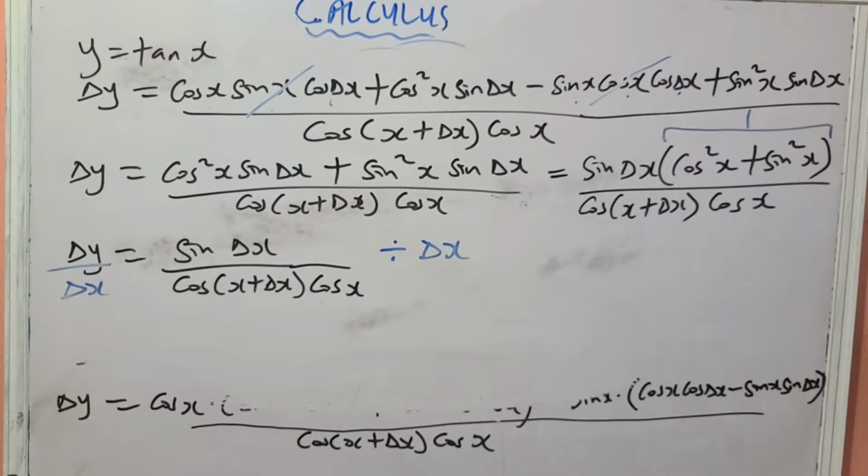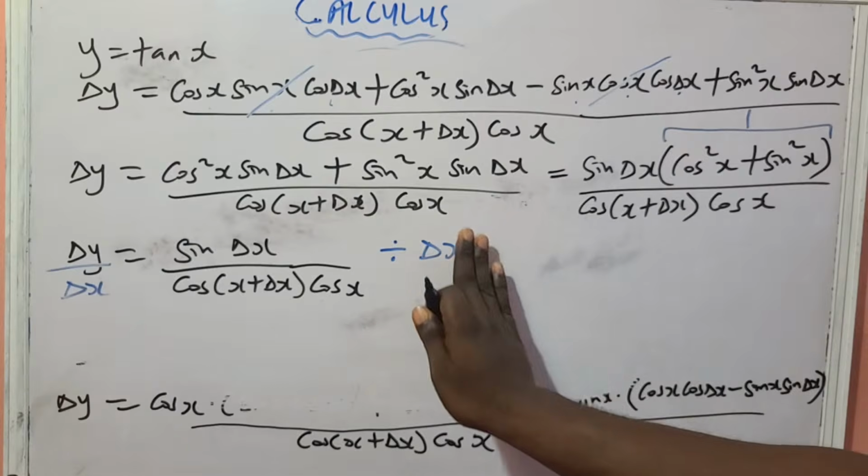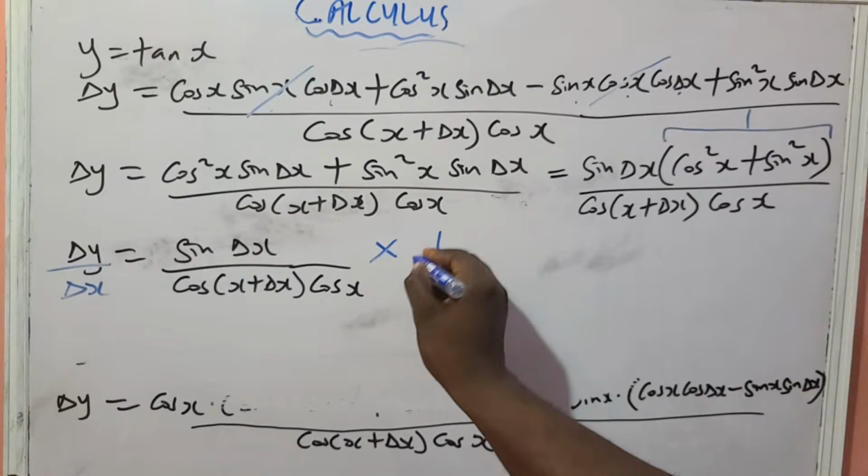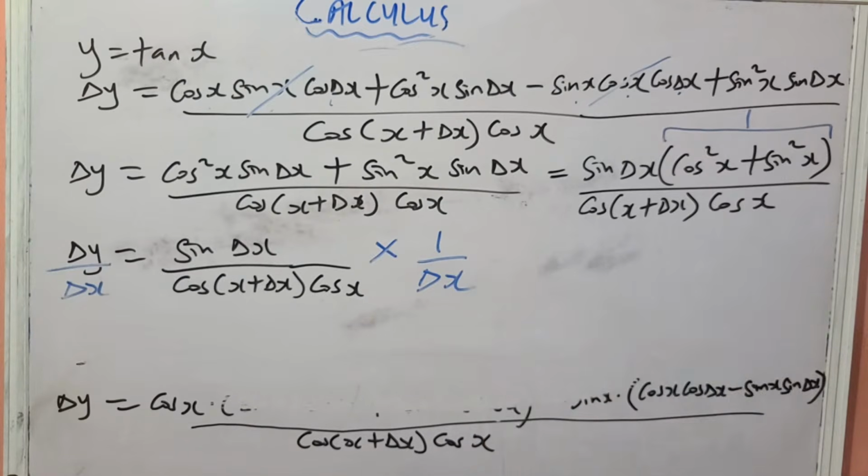Now, this can move on to multiplication, and then we'll be having times 1 over change in x. I'm sure you can all flow with what we are doing.